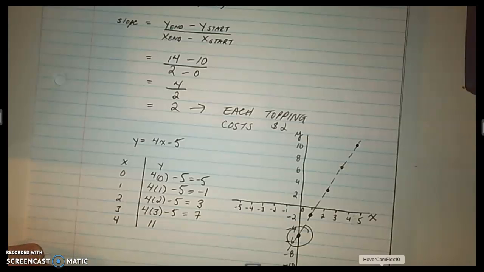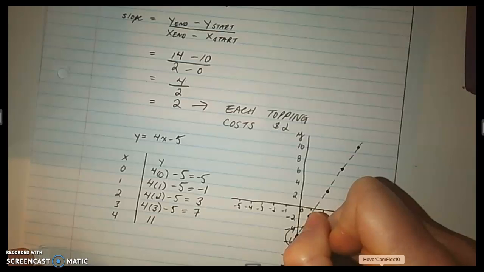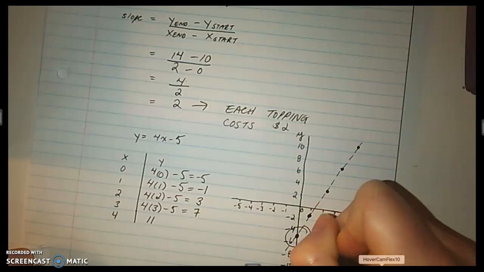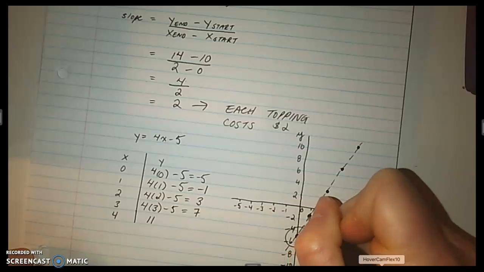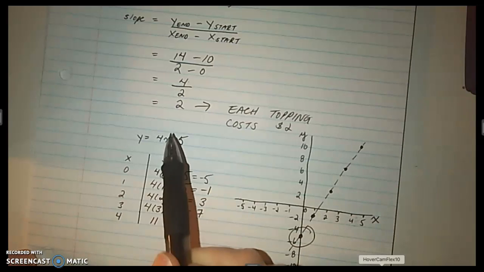The slope, a couple different ways we can think about that. One is to think, okay, every time I go over 1, I go up 4. So I can say the slope is 4, because every time I go over 1, I go up 4. Another way of finding the slope is just by looking back at the equation.